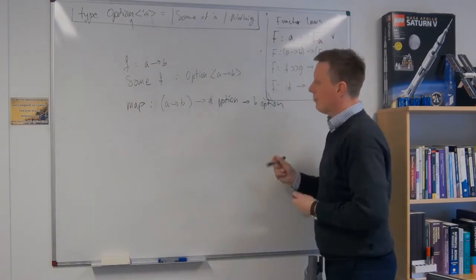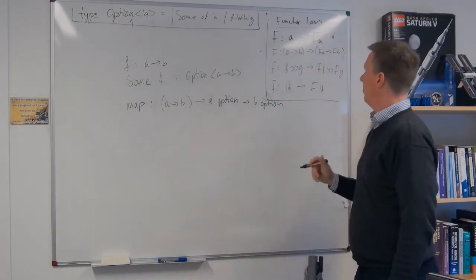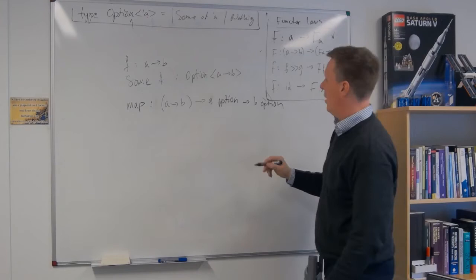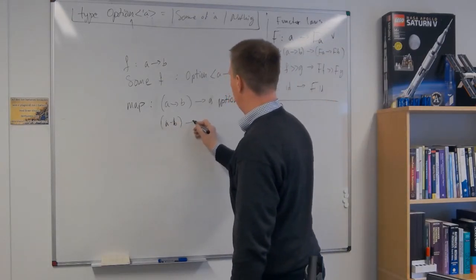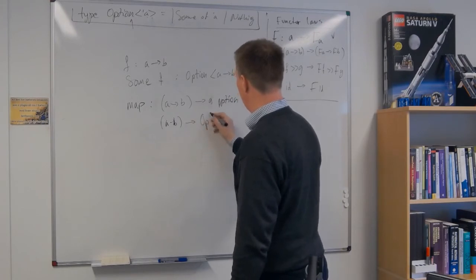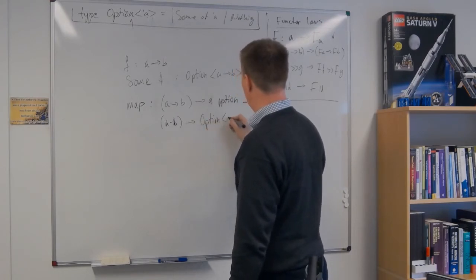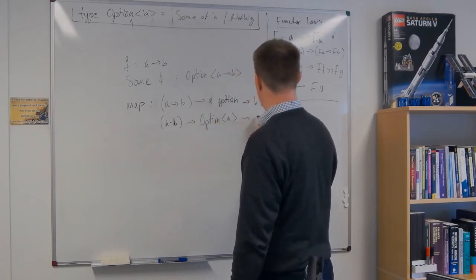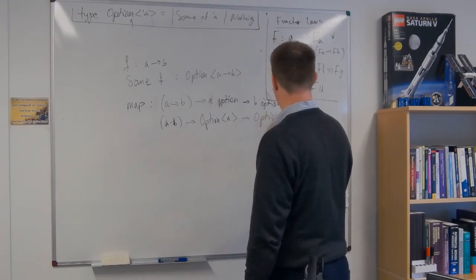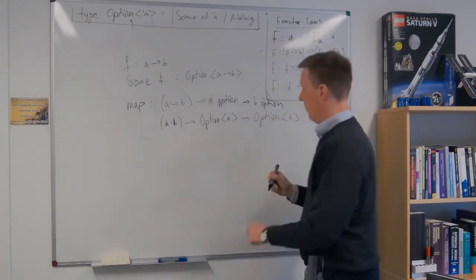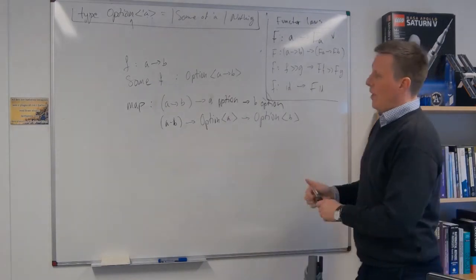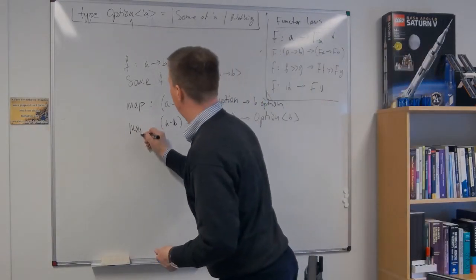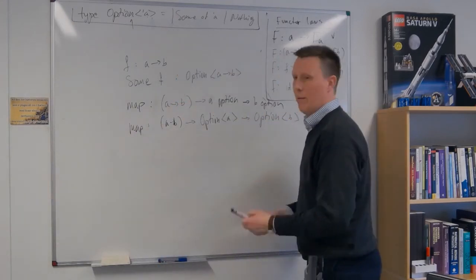Right. So how does this look? I should probably rewrite this as A, B, 2, then it's clearer what's going on. So if I take map here, we know how this works. We have used this on lists.